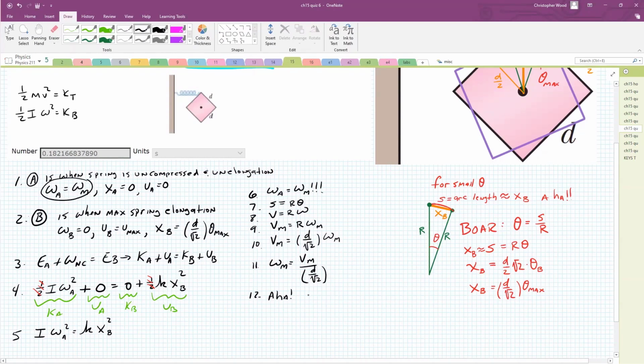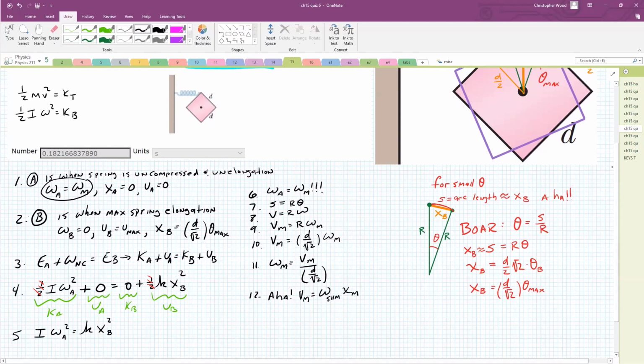So here's the imaginative part. Aha. The maximum velocity is going to equal omega, simple harmonic motion, times xm.